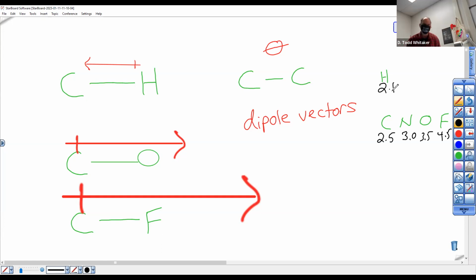Okay, so arrows point from the blank electronegative element towards the blank electronegative element. You don't even have to write this down, but it's okay if you are. I know good students want to write stuff down.